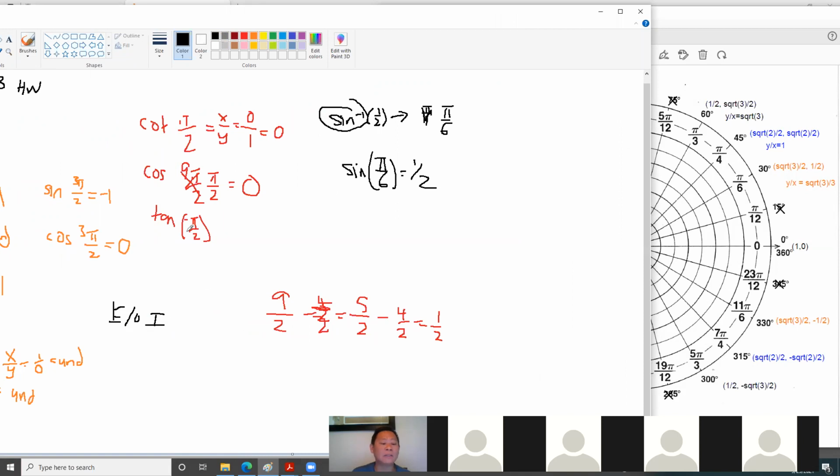So if you have cosine or secant, your negative will disappear, you can take it out. But if you have the rest, sine, tangent, cosecant, and cotangent, your negative will be put up front. Like in this case, this negative belongs to tangent. So you take the negative up front, and this negative will become positive.